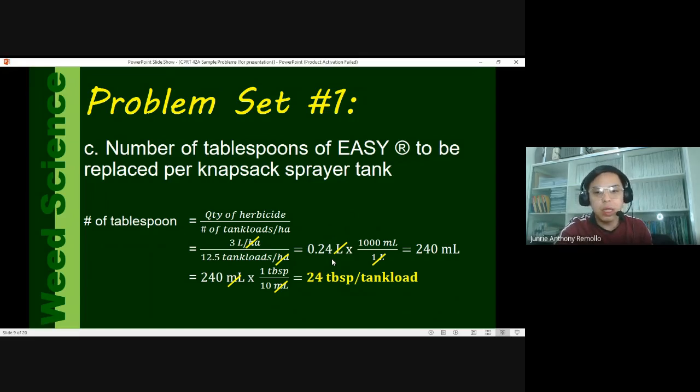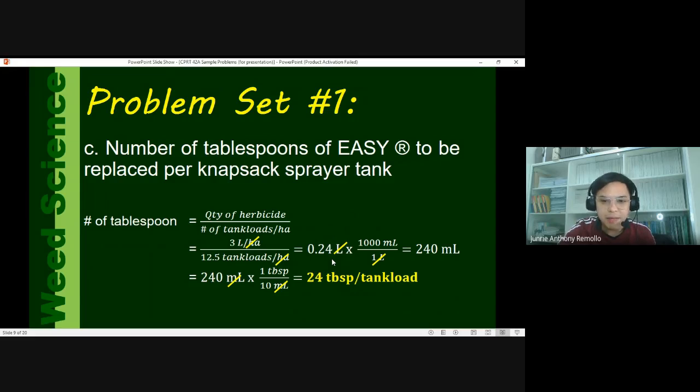However, we need to convert this first into milliliters. So we multiply 0.24 liter by 1,000 ml divided by 1 liter, and it will result in 240 ml.